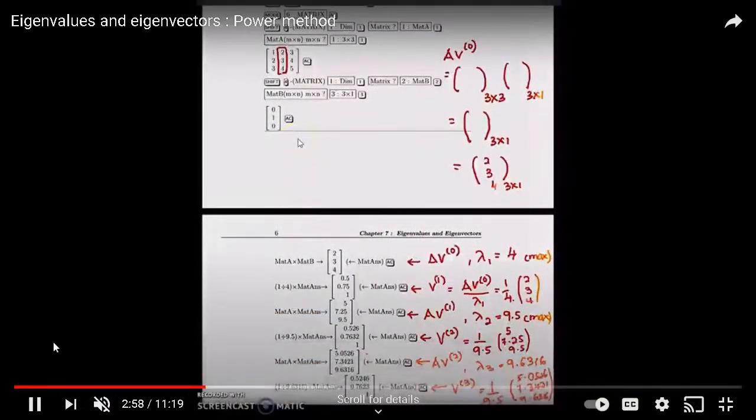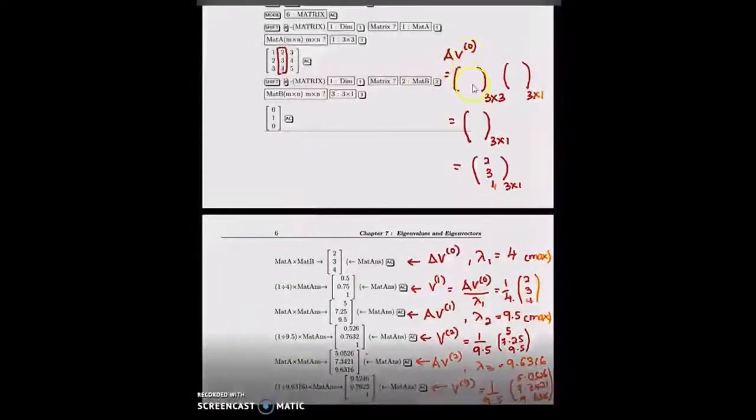Now I write the steps here. What is the first step? Find AV0. You already know A, which is 1, 2, 3, 2, 3, 4, 3, 4, 5, times V0, which is 0, 1, 0. So you can get AV0. After you get AV0, you can get lambda 1, the maximum value from the vector 2, 3, 4, which is 4.